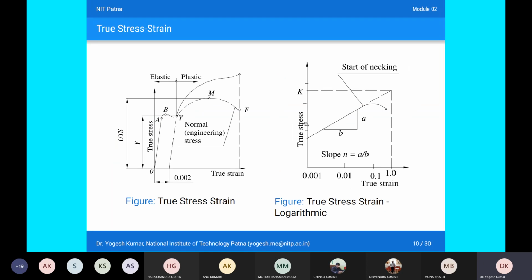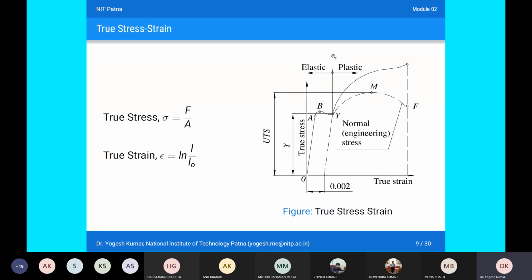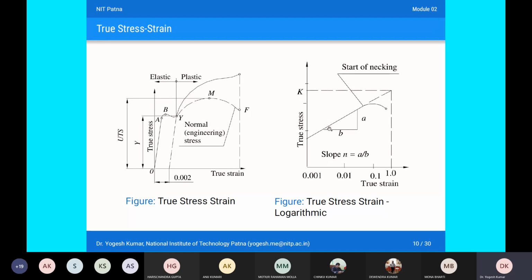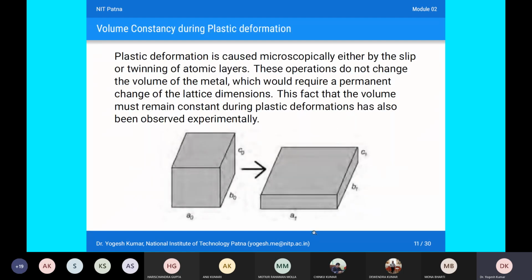We have also discussed that in the plastic region we get the flow curve sigma equal to K epsilon raised to the power n, and when we take the natural log of this flow curve, this leads to a straight line. So this is the plot of natural log of true stress against natural log of true strain.